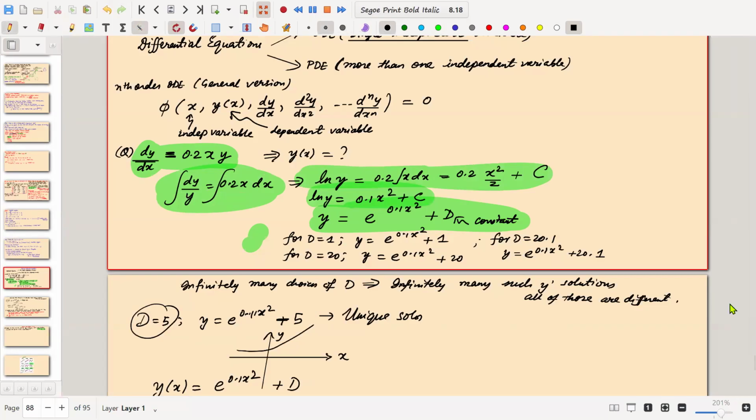For example, dy by dx equal to sin x whole square, cos x whole square, plus, can you give me some complications? x cube y square e to the power x. Can you solve this ODE? I don't think it has a closed form solution. I mean, I don't think you can write y equal to something. Very difficult.